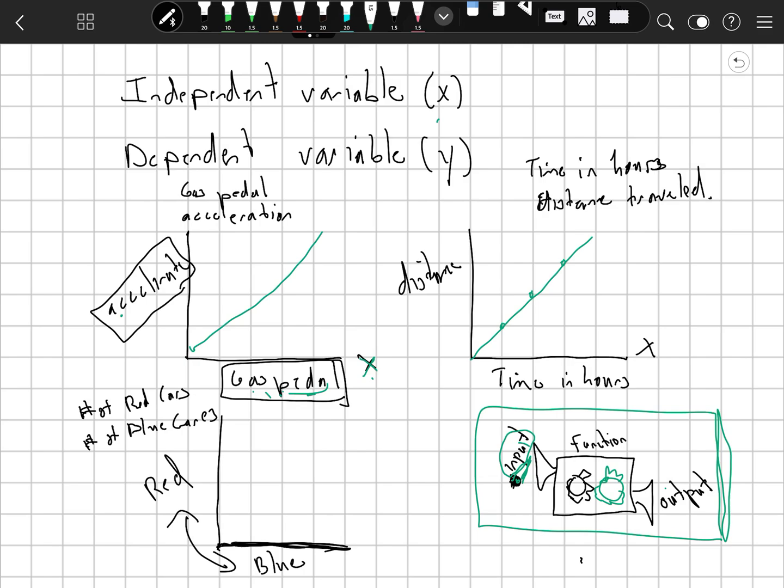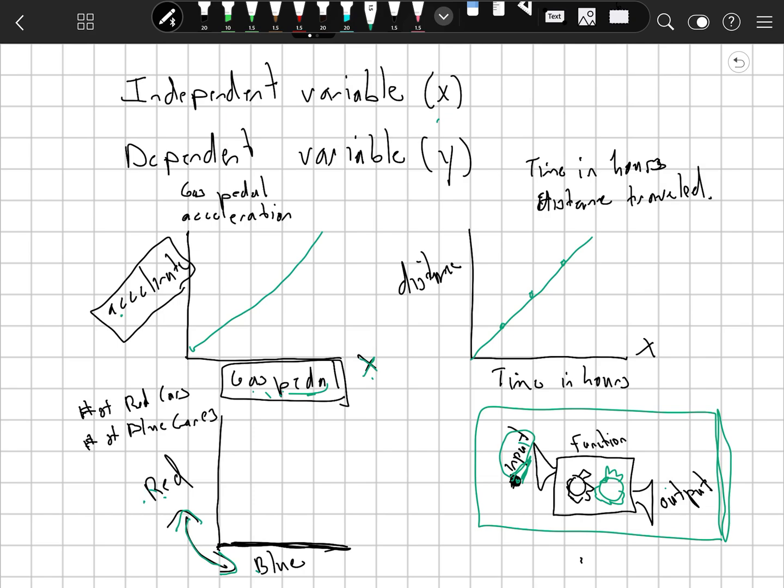Or if you filled 3/4 of them with blue, the other 1/4 would be red. Or you could turn around and say, if you filled half of them with red, the other half would be blue. So in this case, it doesn't matter which one is dependent or independent. One's not really causing the other to happen. So you could interchange red and blue on the x and y axis, and that happens sometimes.